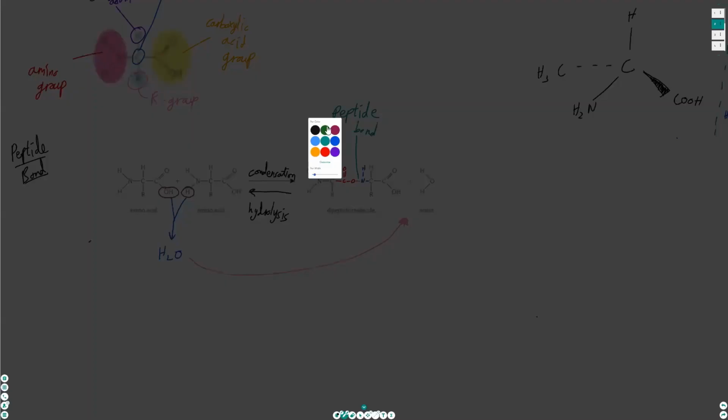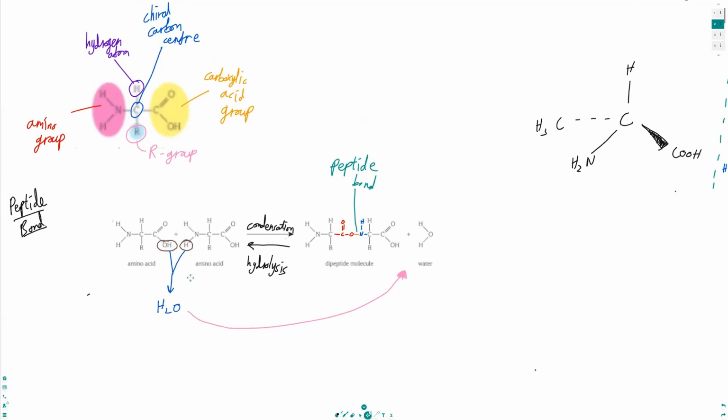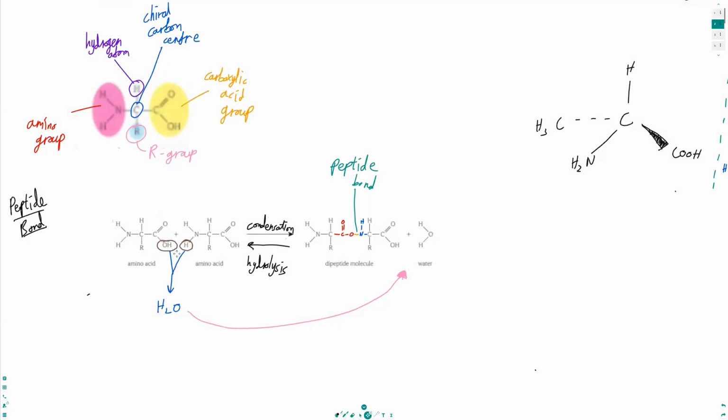Let's pick up where we left off. In the last video, we talked about how different amino acids can be joined together to form a dipeptide. Here we have two different amino acids being joined together.